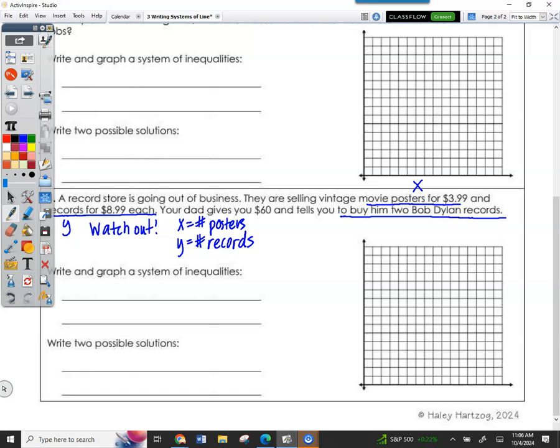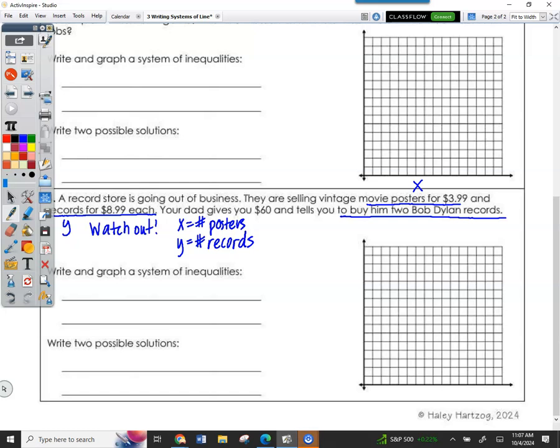What did he say? What does your dad tell you to buy? What's it say? 2 Bob Dylan records. Okay, so 2 Bob Dylan records. What else could you get him? You could get him 3 Bob Dylan records. And did it say anything about posters?